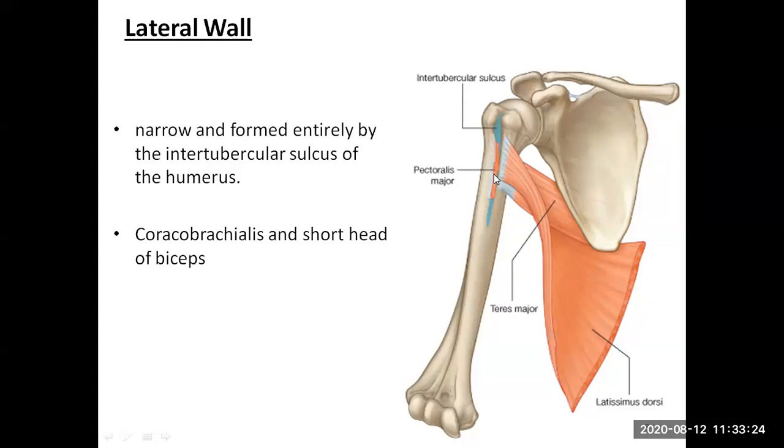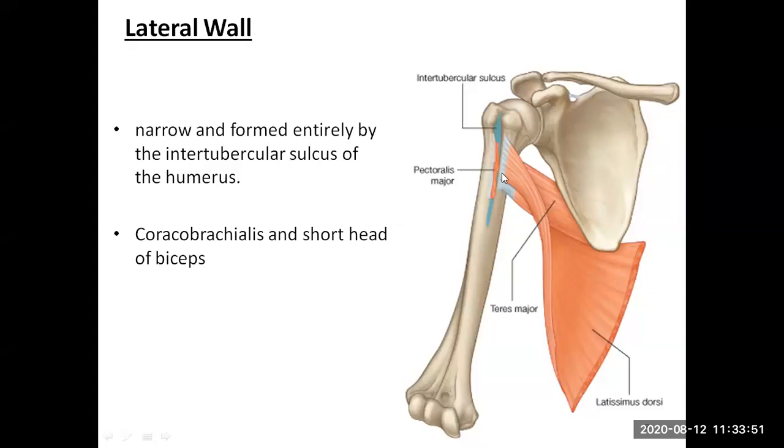Here the teres major contributes, not completely, in the formation of the posterior wall. It is inserted on the medial lip. So the lateral wall of the axilla is very narrow, between the pectoralis major and pectoralis minor.